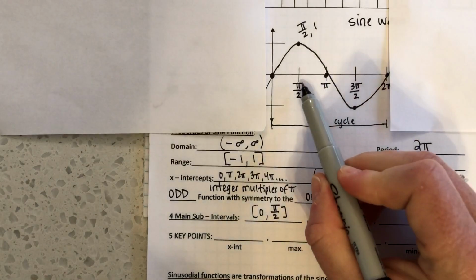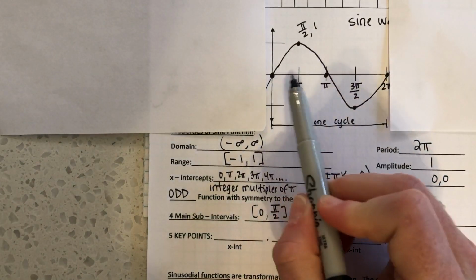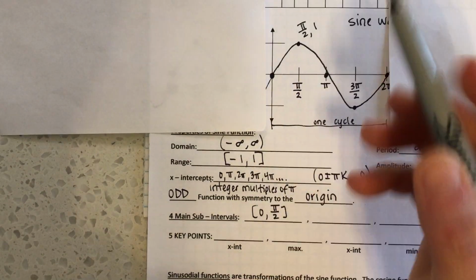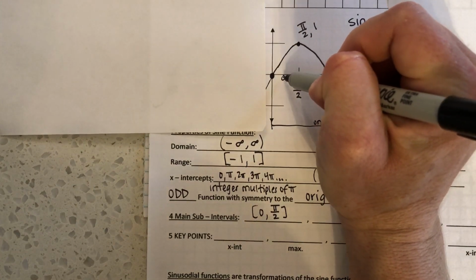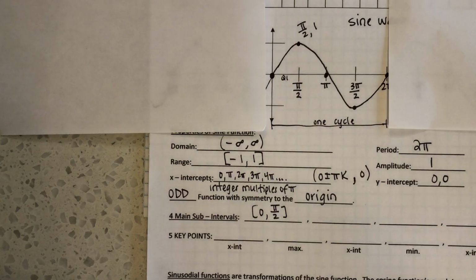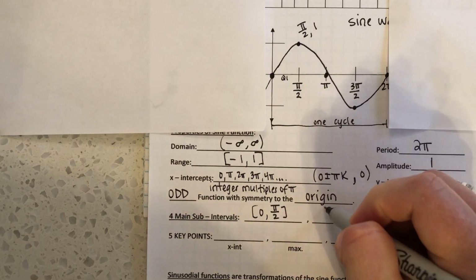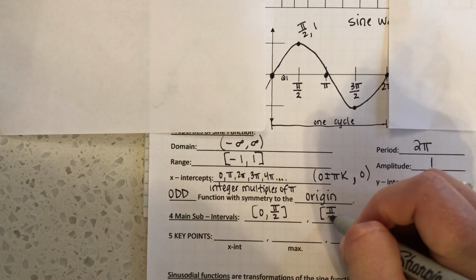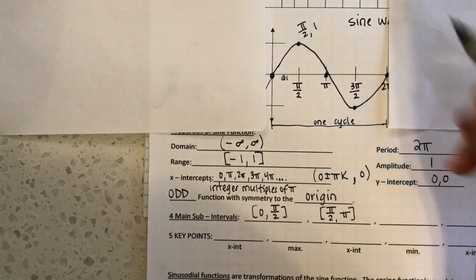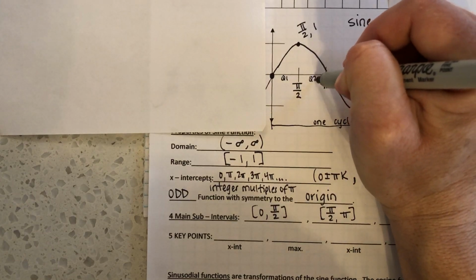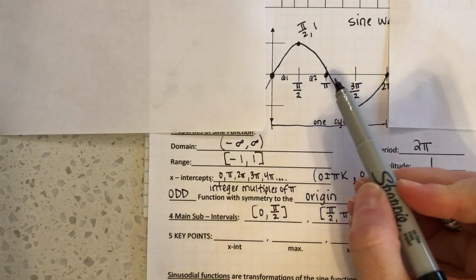Let me just say this. This subinterval from 0 to pi over 2, those are your quadrant 1 angles. All right? The next subinterval is from pi over 2 to pi. Okay? And those are your quadrant 2 angles, the angles in between pi over 2 and pi.